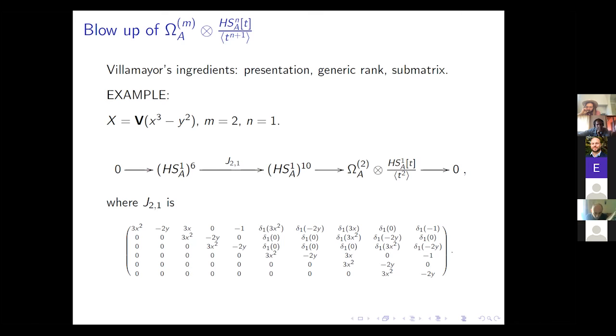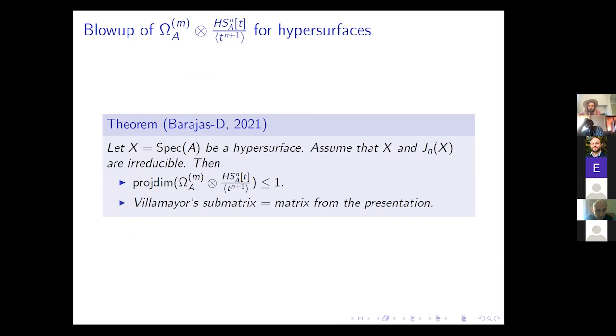Everything I just said holds in general for hypersurfaces, so let me state this. For hypersurfaces, and assuming that X and the jet scheme of order n for some n are irreducible, then we can obtain a similar free resolution.